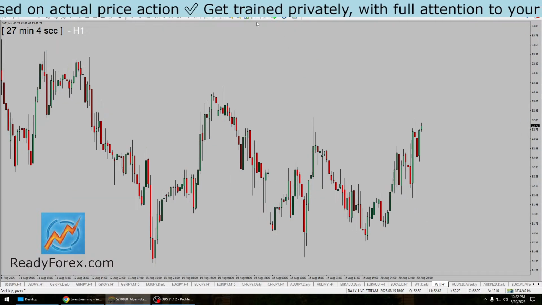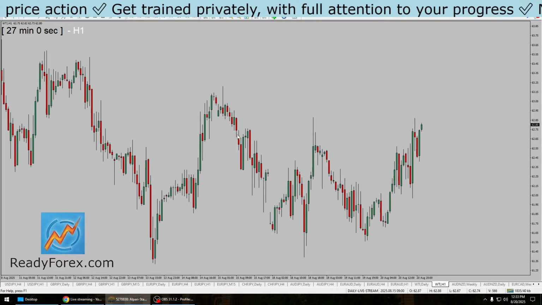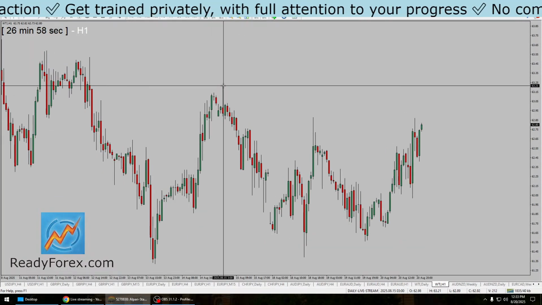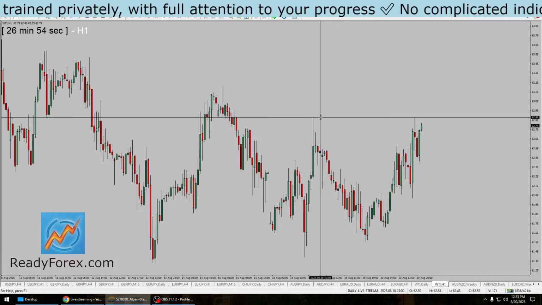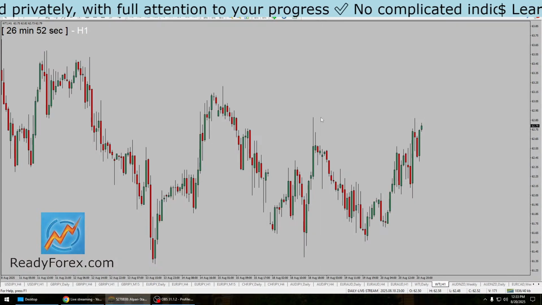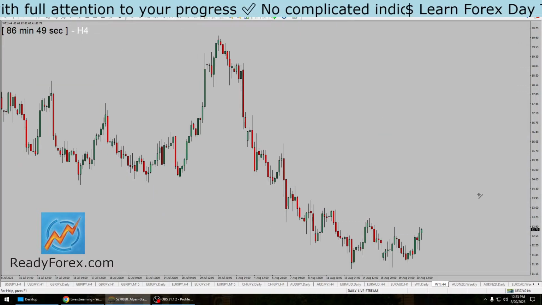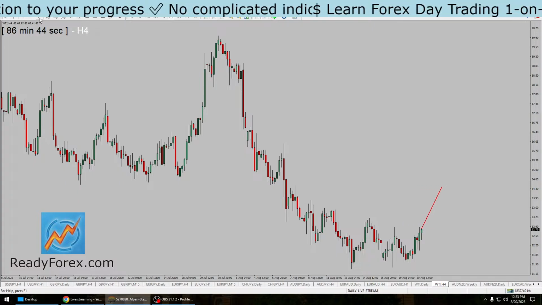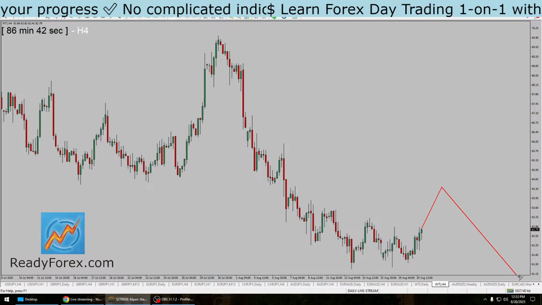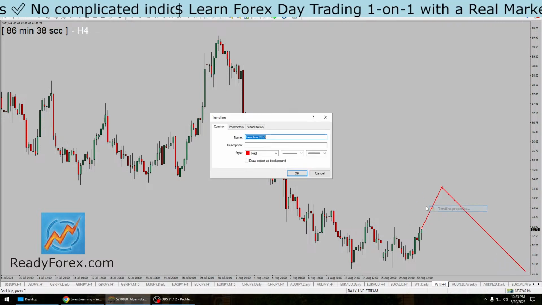So 1 hour time frame, price action is trying to move sideways. Let's see. Okay, price action is probably going to take out this high. Okay, it looks a little bit bullish. So crude oil is most likely going to rise up more over here, and then expect further weakness in price.